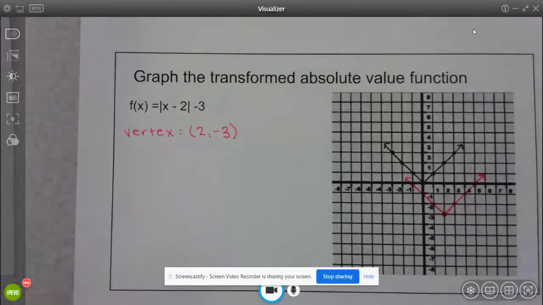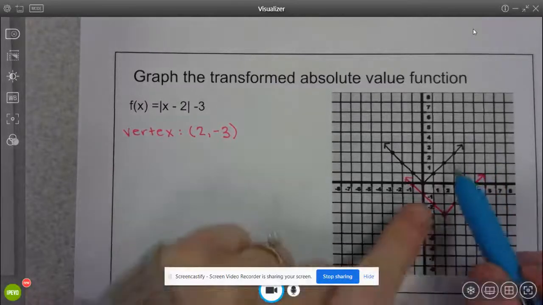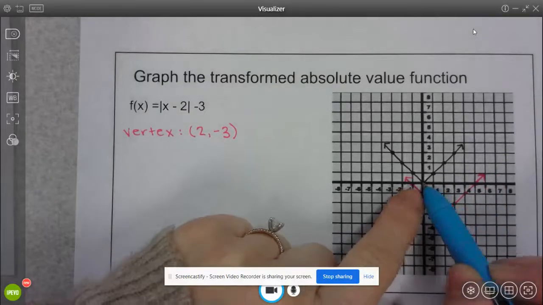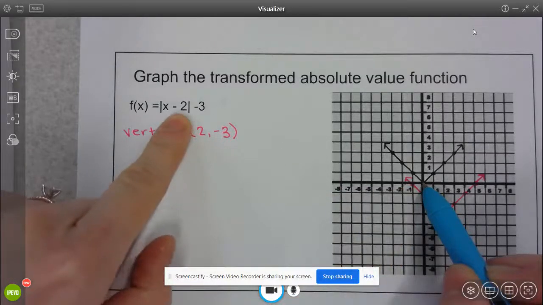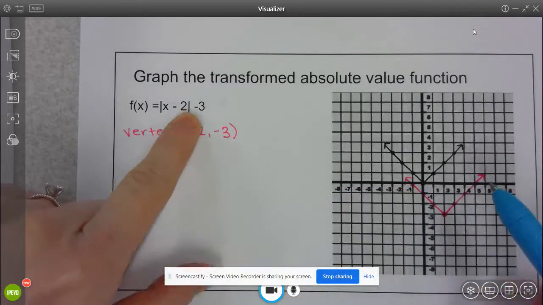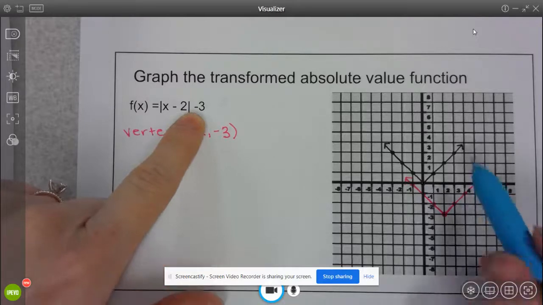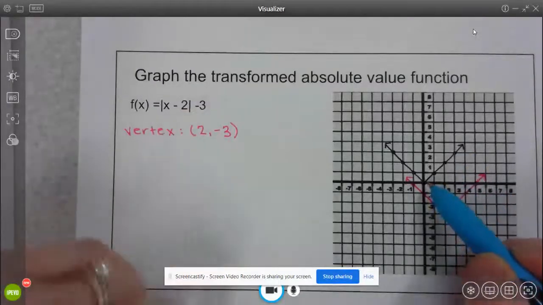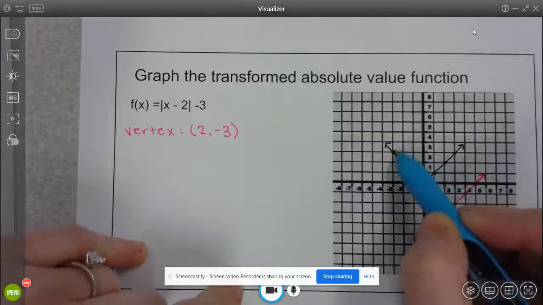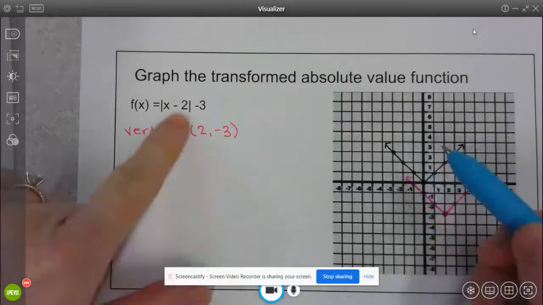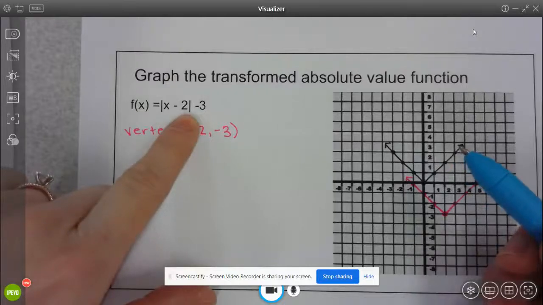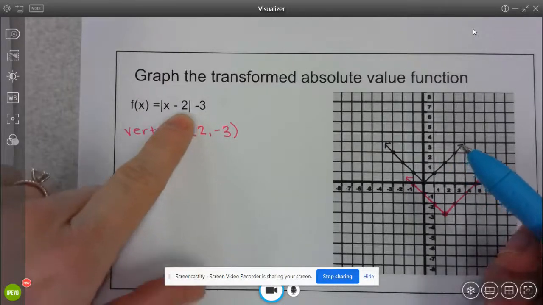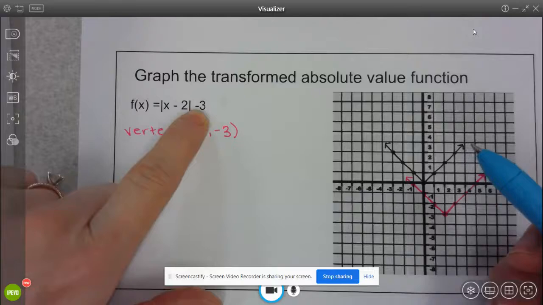Now your other option, which might take you a little bit more time, I could take my parent function, and I know that this is going to shift right 3, down 2, so I could do that with every single point. Or excuse me, right 2, down 3. I was pointing at the right numbers and saying the wrong numbers. Right 2, down 3.